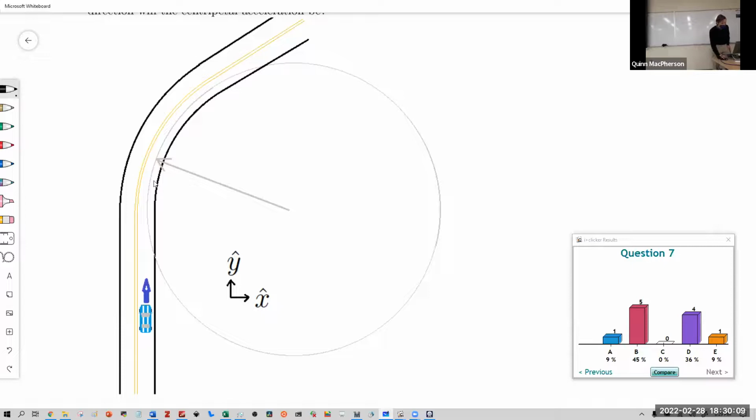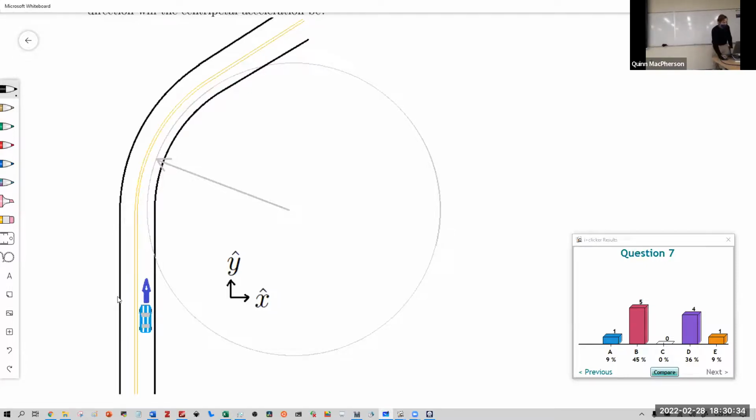And the radius is the radius of the circle that would fit the corner as it goes around. If you have a bigger radius, is that a sharper corner or a less sharp corner? It's a less sharp corner, right? So you're going around this bigger, wider corner, so you don't have to turn as quickly.